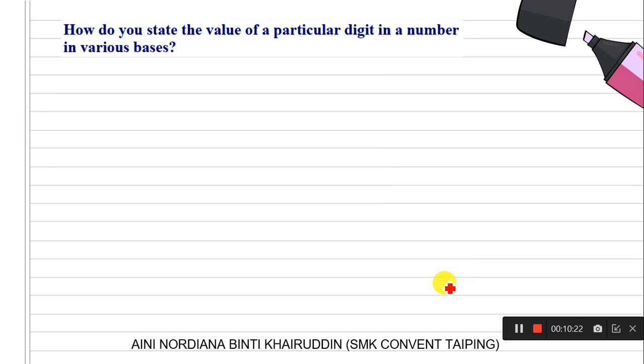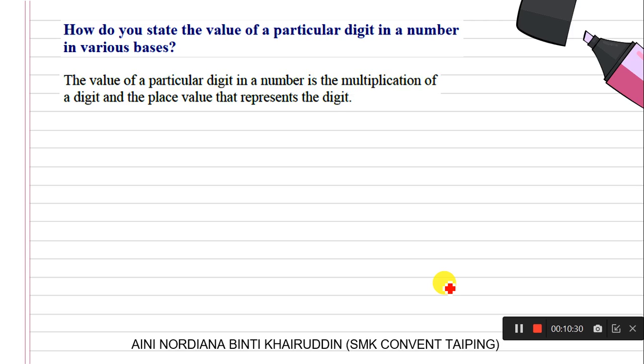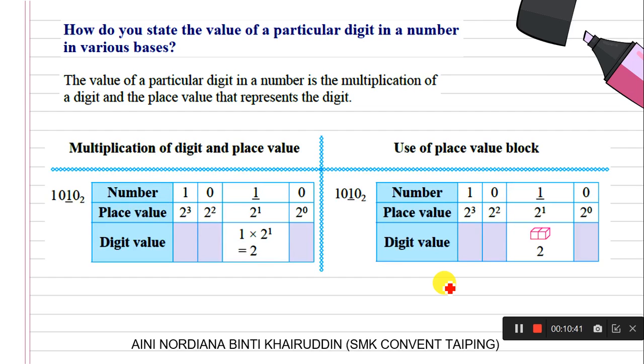Okay, next. How do you state the value of a particular digit in a number in various bases? The value of a particular digit in a number is the multiplication of the digit and the place value that represents the digit. Okay, this is the example.